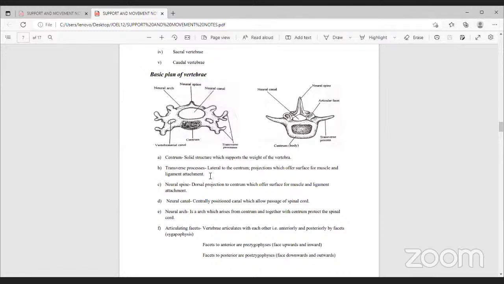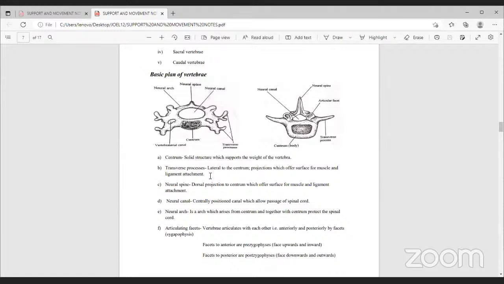So once we talk about the basic plan, as we move forward, what now differs is the appearance. Some are elongated or long. Some are not there. For example, some features are not there in the sacral vertebra, but they are there and very prominent in thoracic vertebrae. But the function does not change.